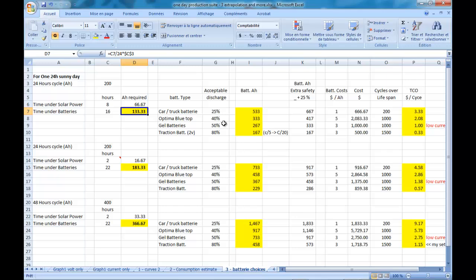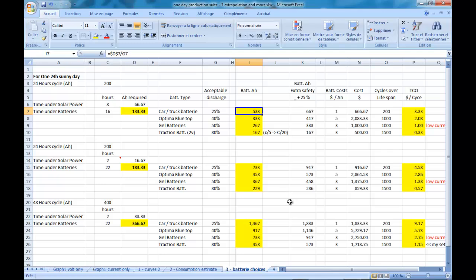Now, if you get an Optima Bluetop battery, you will need a model which is 333 ampere hours to get to that 133 ampere hours without going under the 40% discharge level. Now the gel battery is the same thing except 50%, so you can have a model which is a bit less powerful. And the traction battery is 80%, so when you need 533 ampere hours using a starter battery, you need 167 ampere hours from a traction battery.